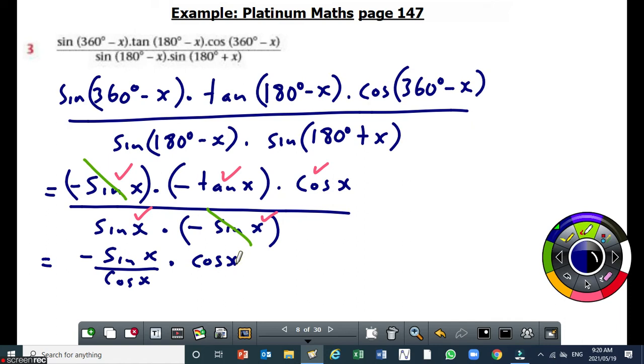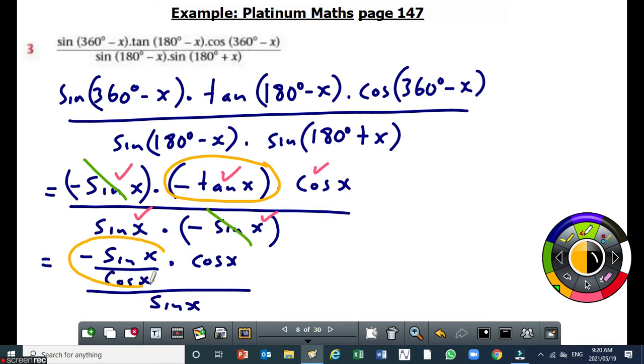All I've done is convert the tan x to sine x over cos x, using the first fundamental identity. Then my denominator is going to be sine x. Just to emphasize this part, I converted that minus tan x to minus sine x over cos x.